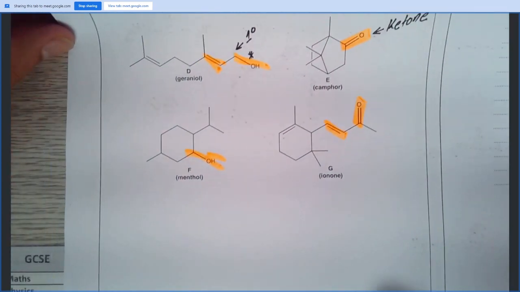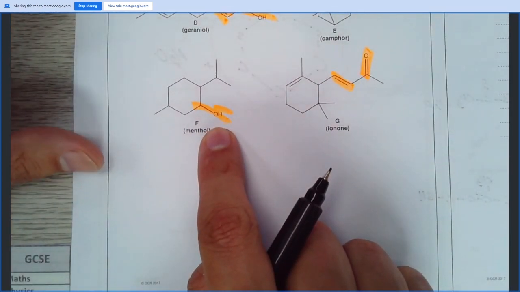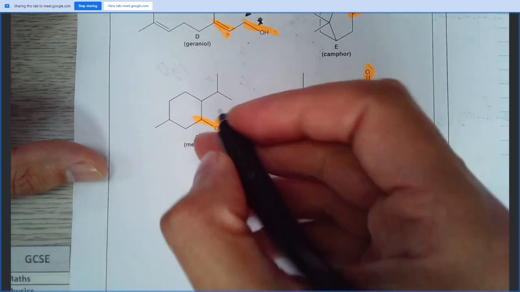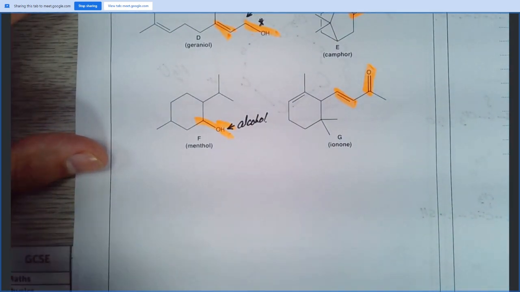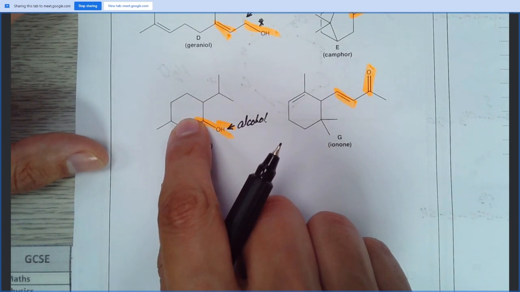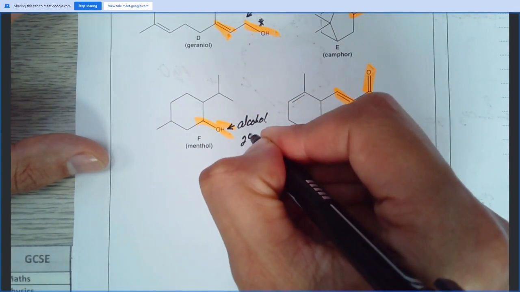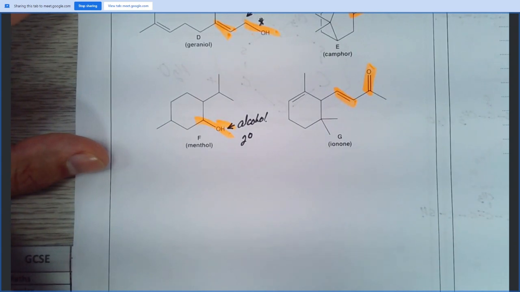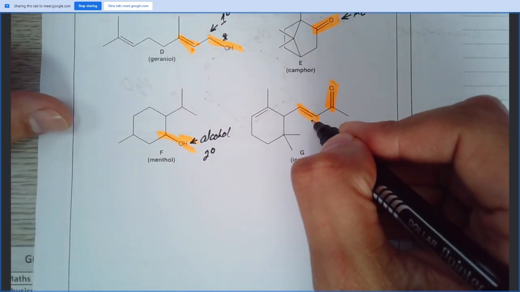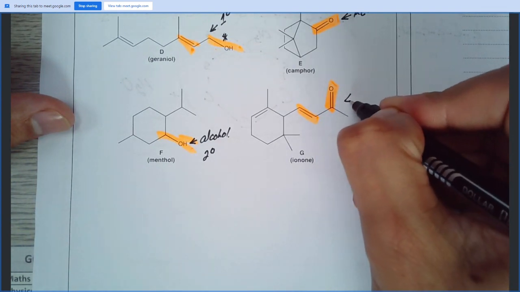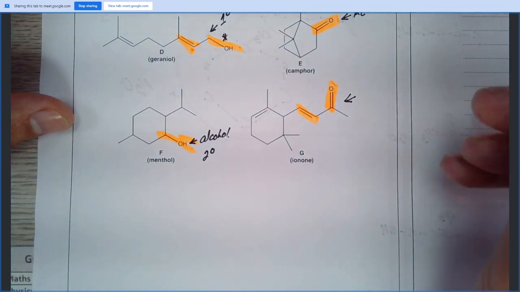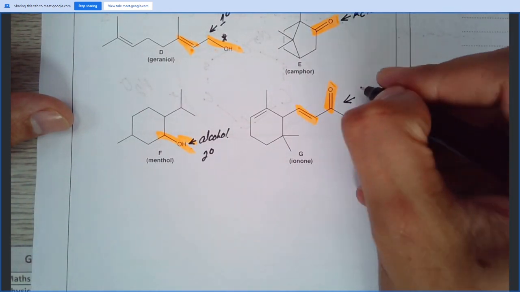Letter F is again an alcohol, but it is not a primary alcohol anymore. It is neither tertiary, because on this carbon there's a hydrogen, so it will be classed as secondary. If I look at the next one, I do have an alkene, and I've got C double bond O here. What's this one again? This will be a ketone.